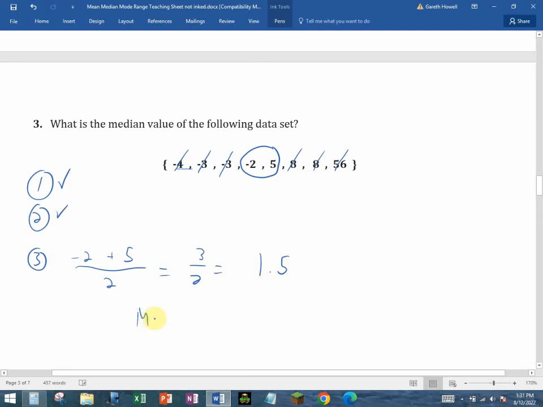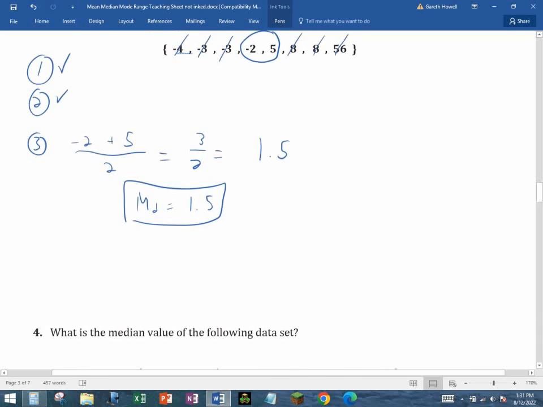So in this case, my median is 1.5. That would be the middle value. Again, because one is negative and one is positive, we have to deal with that as well.